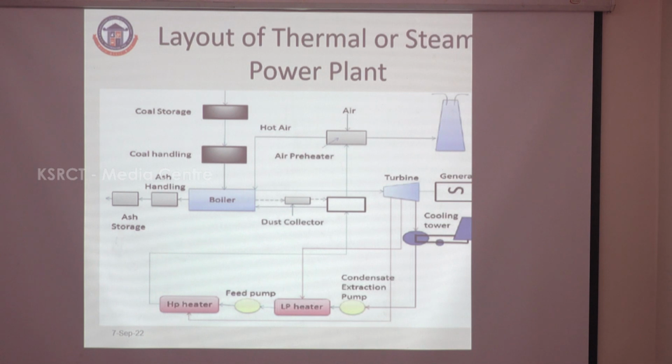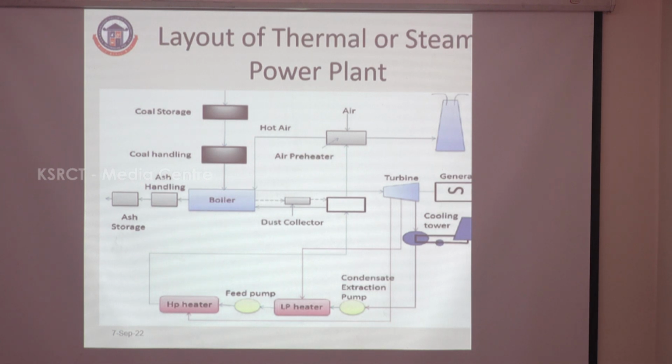So the water particles finally go into the condensate extract pump, and then it reaches the low pressure heater. The purpose of the low pressure heater is to heat the water and then send it into the high pressure heater with the help of the feed pump.